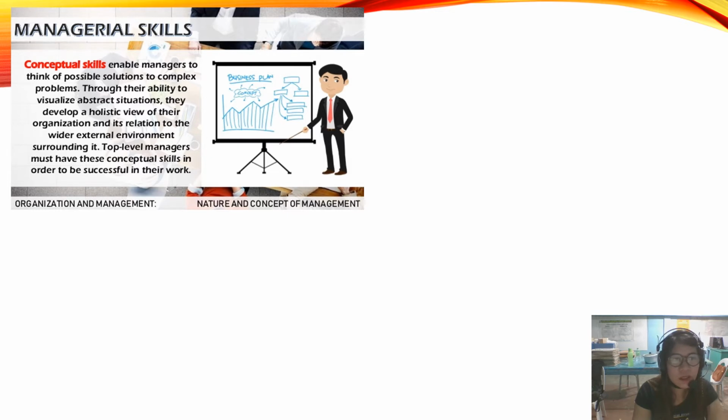Conceptual skills enable managers to think of possible solutions to complex problems. Through their ability to visualize abstract situations, they develop a holistic view of their organization and its relation to the wider external environment surrounding it.